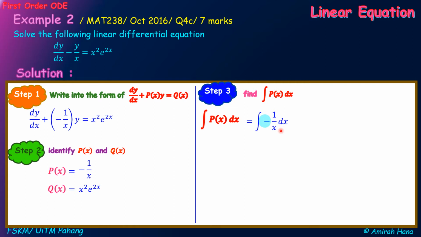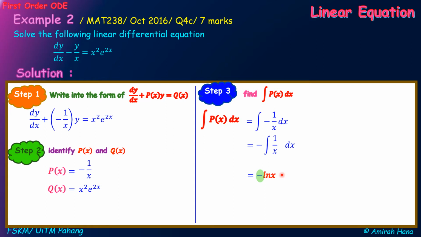We replace p(x) with negative 1 over x, and then we move the negative sign outside the integration symbol, so we have negative integration of 1 over x dx, which gives negative ln x. When we integrate 1 over x, it becomes ln x. Plus c, but we don't need to write plus c when we find the integration of p(x) dx.